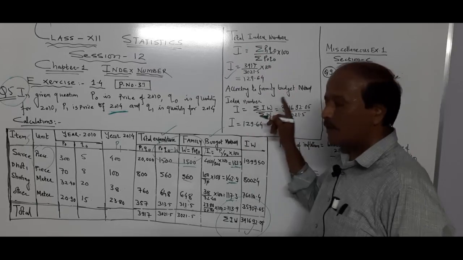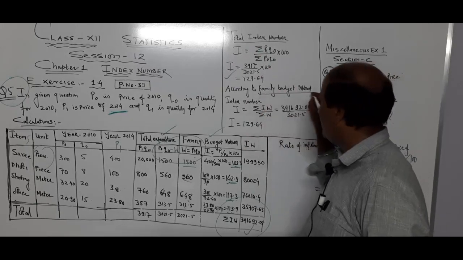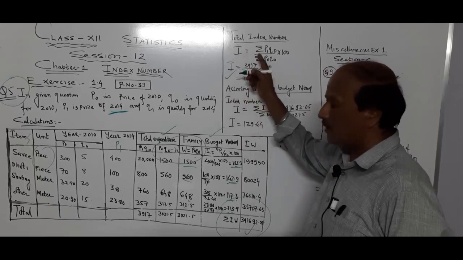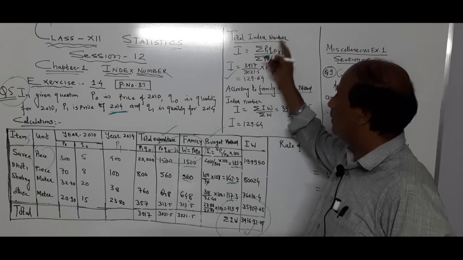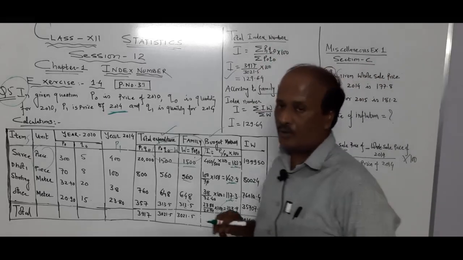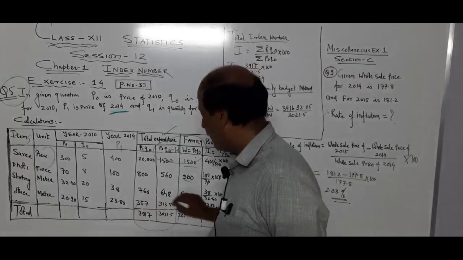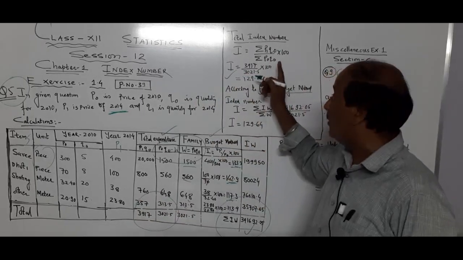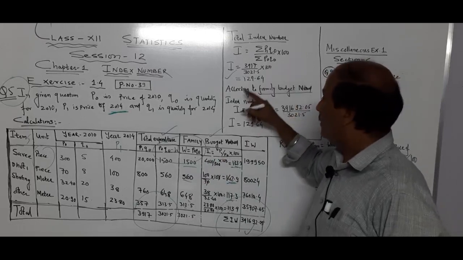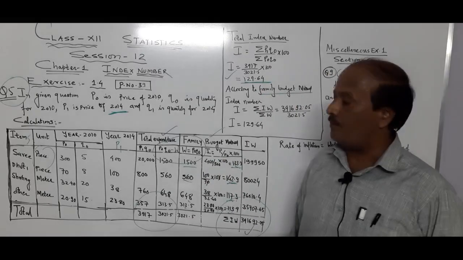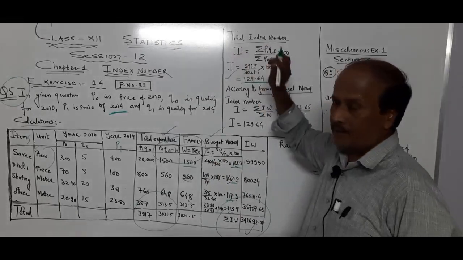The main question is find the index number according to the family budget method. But if they are asking you, then find this separately. So total index number is sigma P1 Q0 divided by sigma P0 Q0. Put the values from here, then multiply by 100. Always remember, you will have to multiply with 100. Then you will get approximately the answer 129.64. This is the total index number.